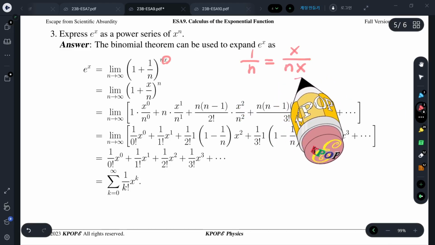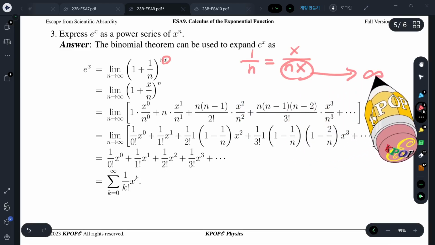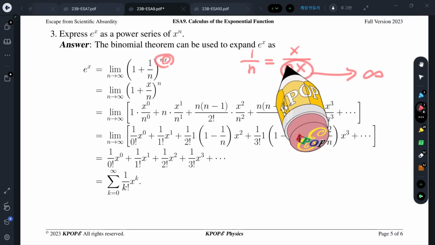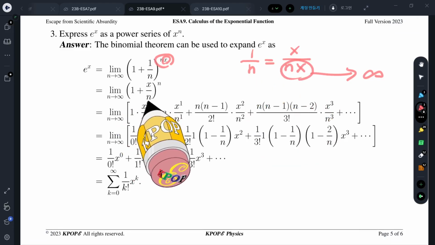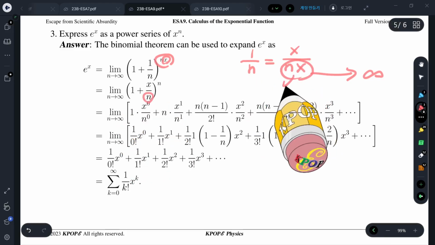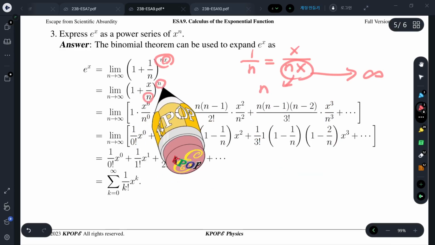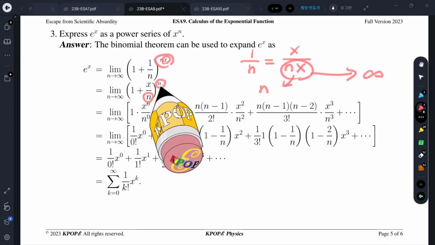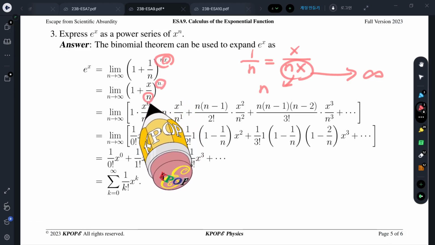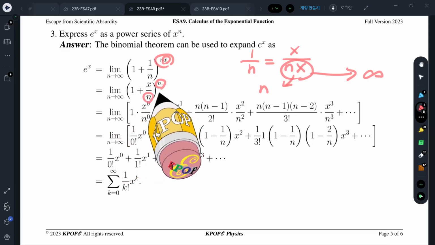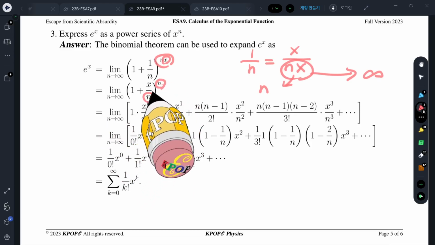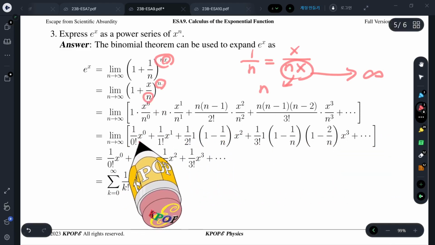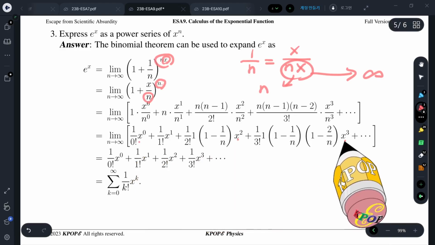Because this goes to infinity, we redefine it by n. In that case, we can make use of the binomial theorem and expand the powers of n. Everything is the same except that we have this factor of x.